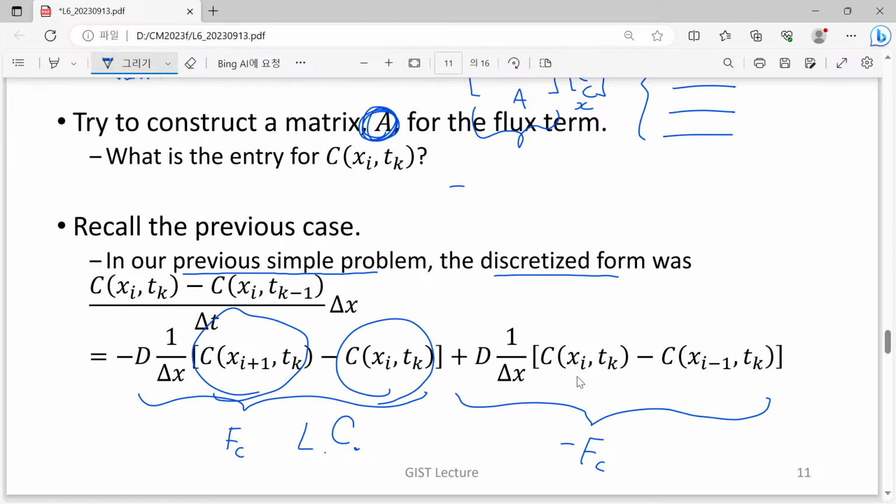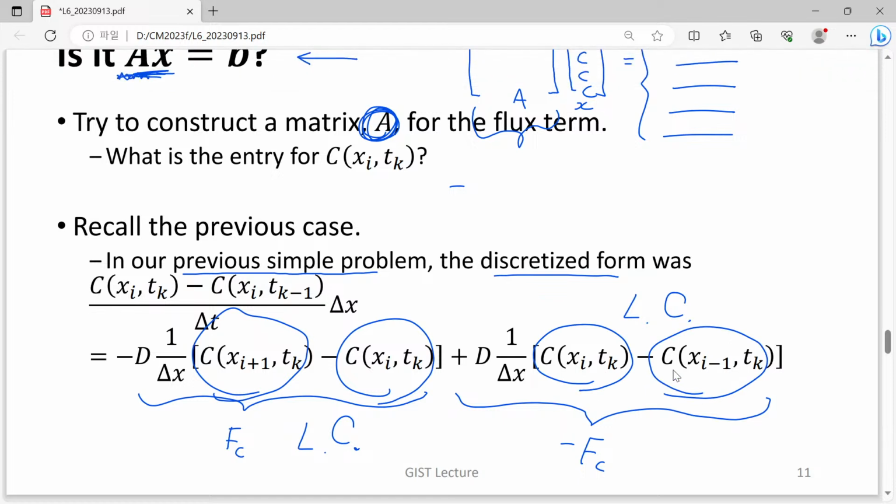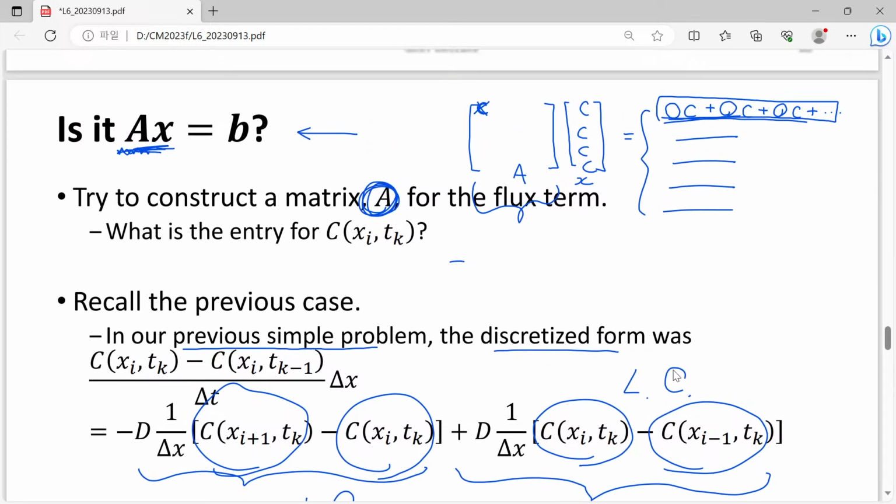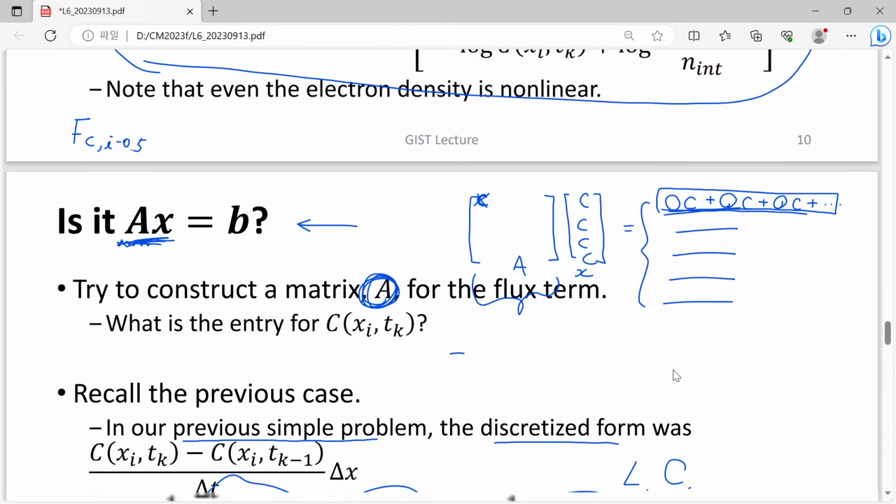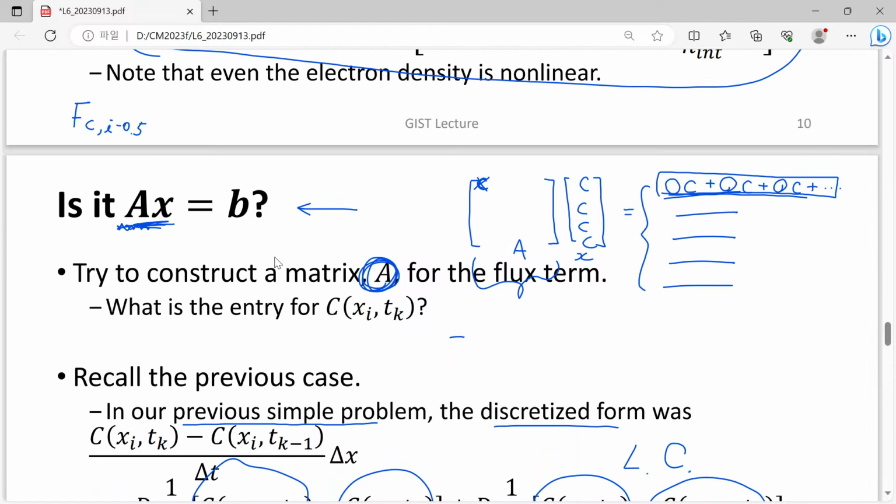So that was linear in your solution variables. But now it's not. Therefore, right now, you cannot generate your matrix A.